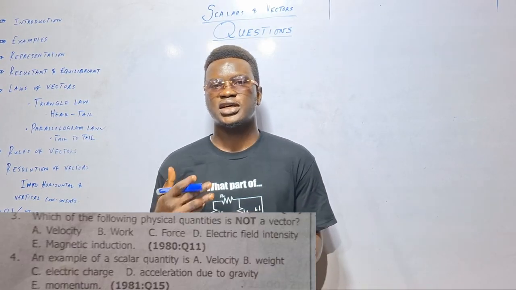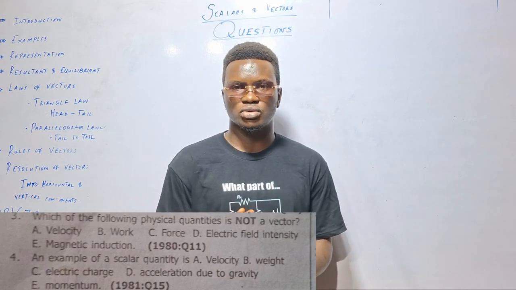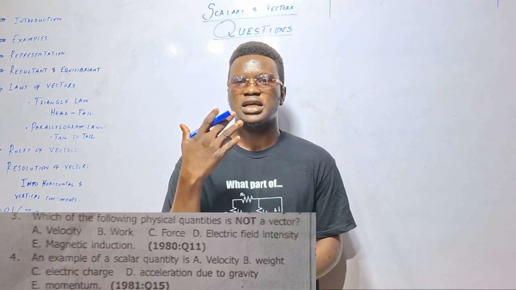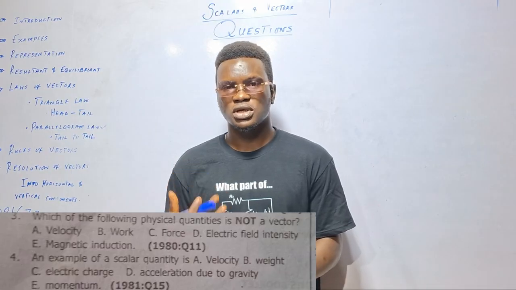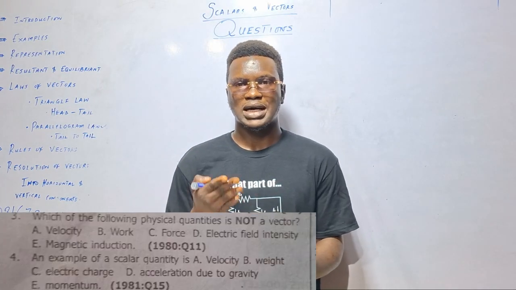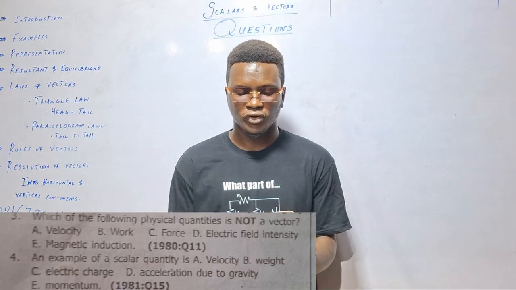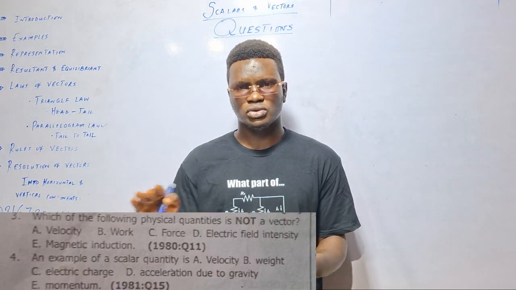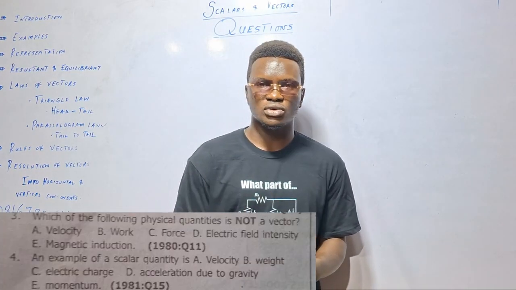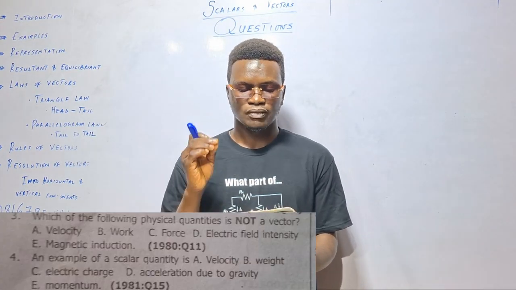In the last class I talked about scalar quantities being those quantities that show only magnitude, while a vector quantity shows both magnitude and direction. I gave various examples, and I also gave you an assignment to look for more examples, and I gave you work as part of scalar quantities that day. So velocity, force, and every time you hear field, electric field, gravitational field, magnetic field, all of them are vector quantities.